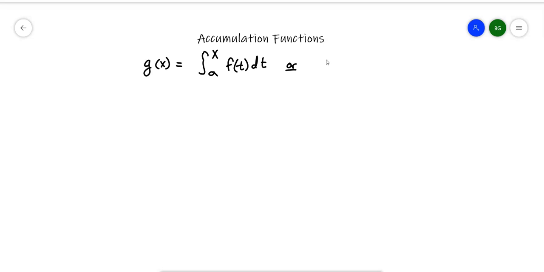You could have something like this. You could have your lower bound be a variable as well. But anyway, we're thinking about how much area is accumulated under this given curve. So f in this case is going to be the curve that we are concerned with.